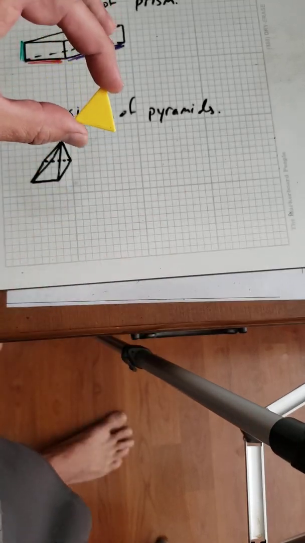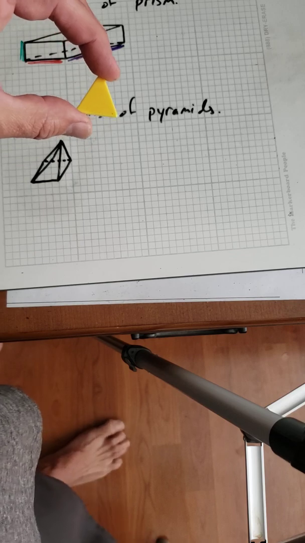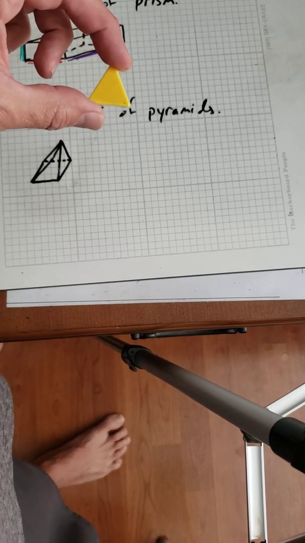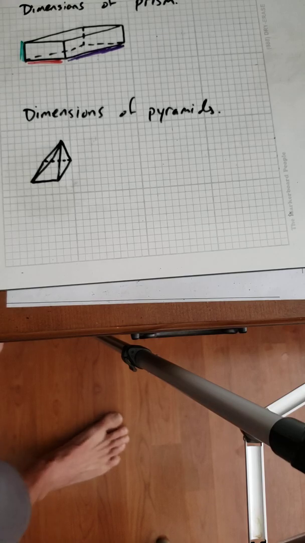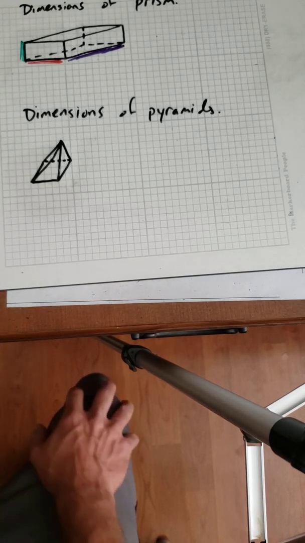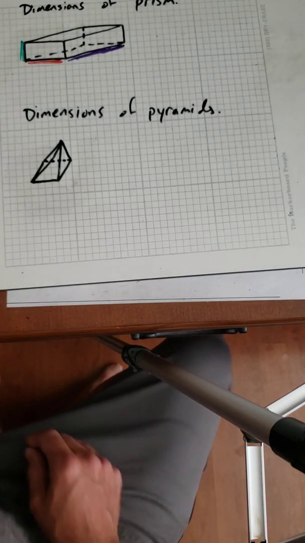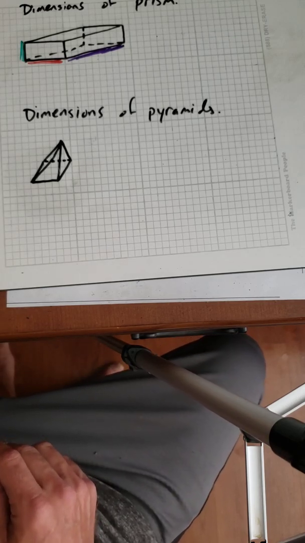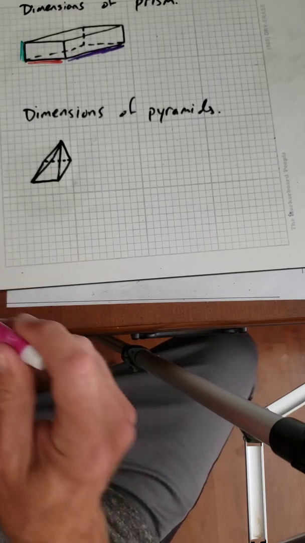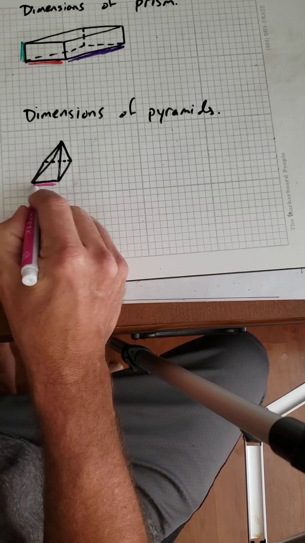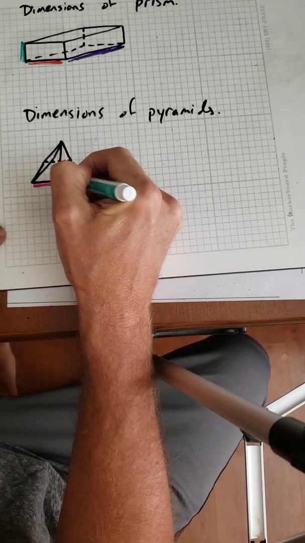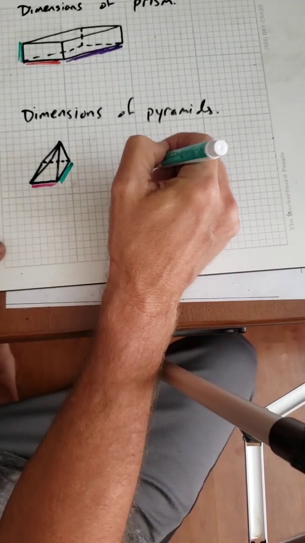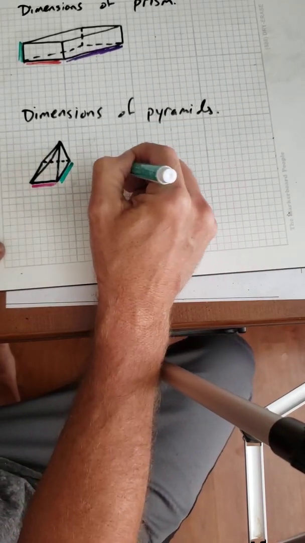So what I'm going to do with this one is I'm going to draw the net for it, and then we'll come back to the 3D shape. So this is my base here, and this is my height, okay? So now I'm going to go ahead and draw this over here. So I'm going to have two of those.